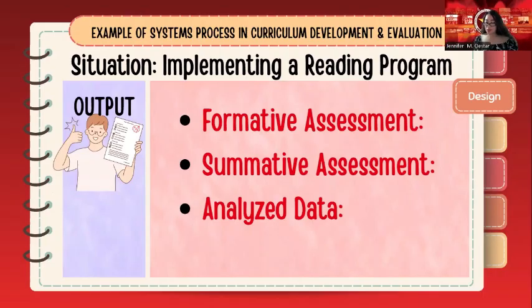At the end of the year, students can take standardized reading comprehension tests to measure their overall progress. And as the main output, we will have the analyzed data. The school analyzes the assessment data to determine whether the program achieved its objectives.